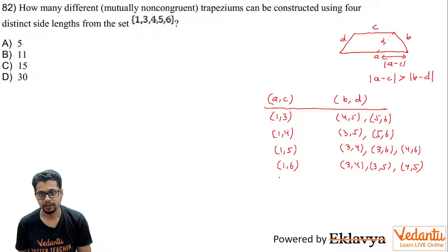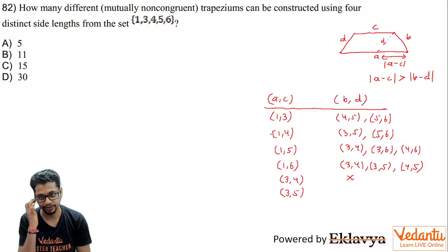Now what if A and C are 3 comma 4? The difference is 1, so B and D should have a difference less than 1, which is not possible, because B and D are also supposed to be distinct. Next, 3 comma 5: the difference is 2, so the difference between B and D should be 1. You take 1 4, 4 6, or 1 6, and you don't get anything.